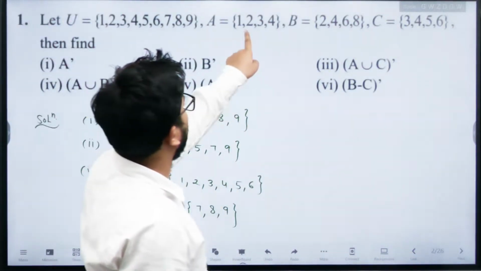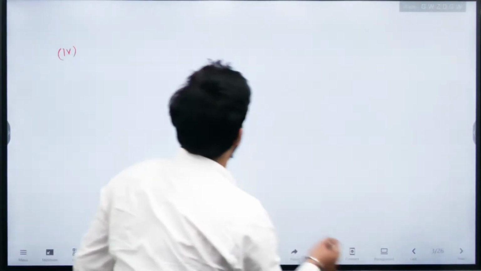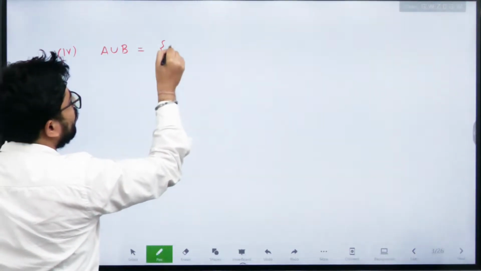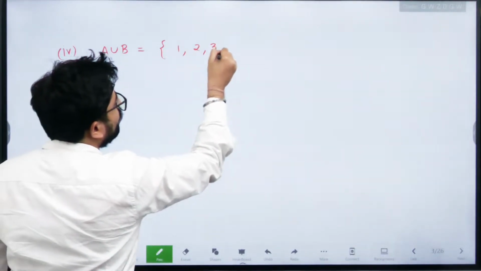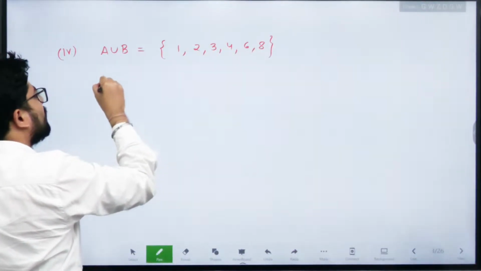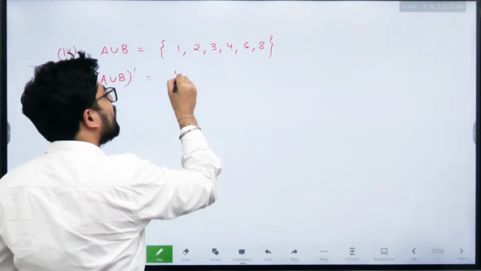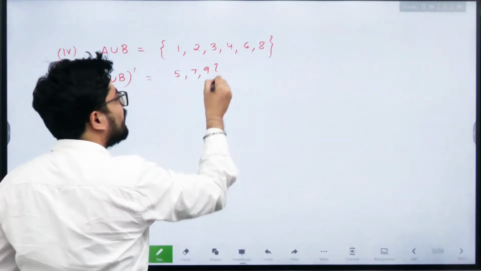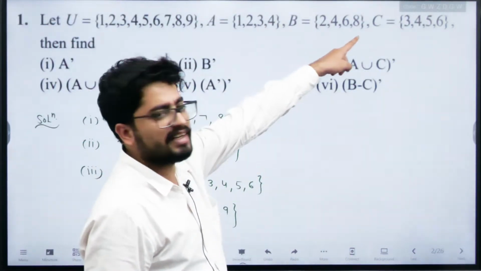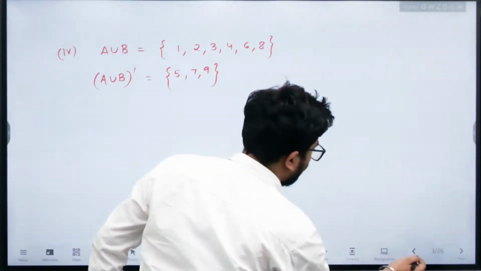So A union B is 1 2 3 4 6 and 8. So the complement is 5 7 and 9. Got it? So this is your A union B complement.